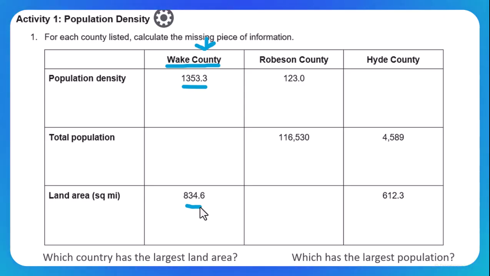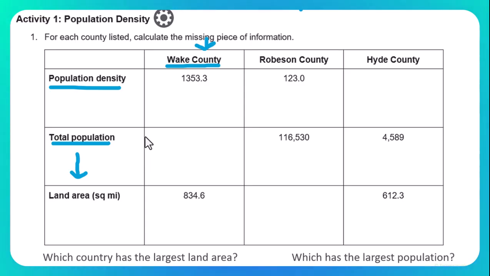All right, do you remember what I said about how to calculate population density? Look and see what you wrote down. To calculate population density, let me underline this. We're going to divide the total population right here. We're going to divide that by the land area.